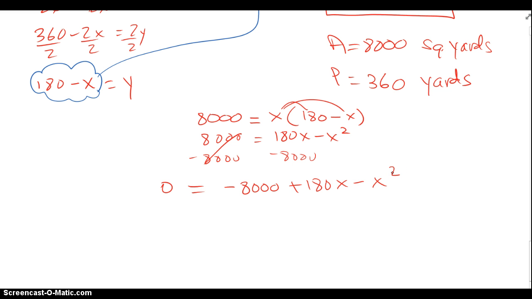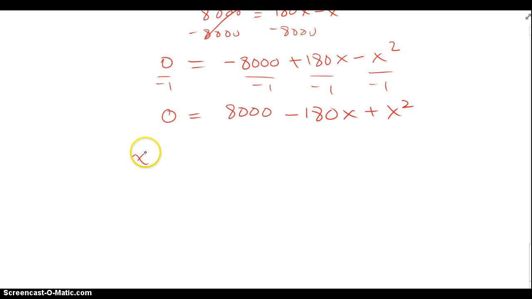And again, I don't like the minus x squared, so I'm going to divide everybody by a negative 1. That's also allowed since it's an equation. So 0 equals a positive 8,000 minus 180x plus x squared. Now that looks a little bit better. x squared minus 180x plus 8,000 equals 0.